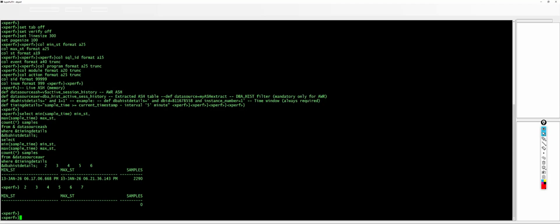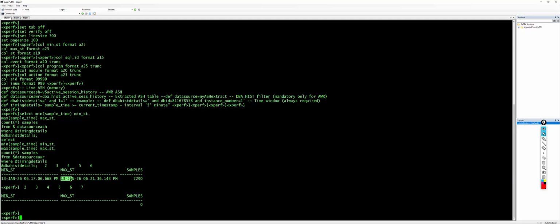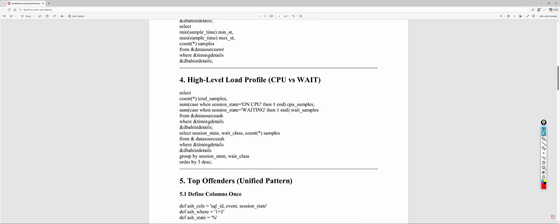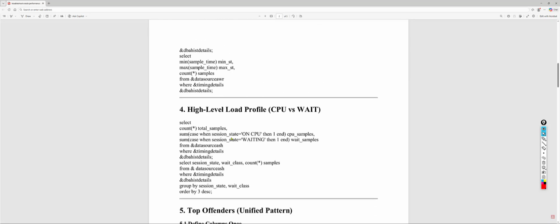This is a sampling interval, so we need to give the timings of the issue. Between this interval almost 2000 plus samples are collected, from 6:17 to 6:21, the last 5 minutes of samples.